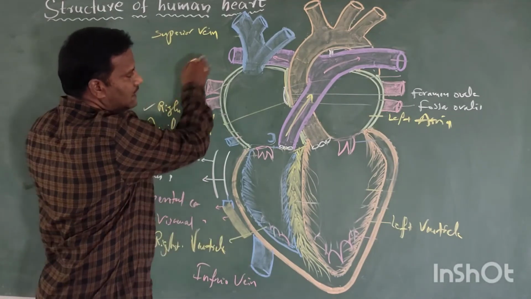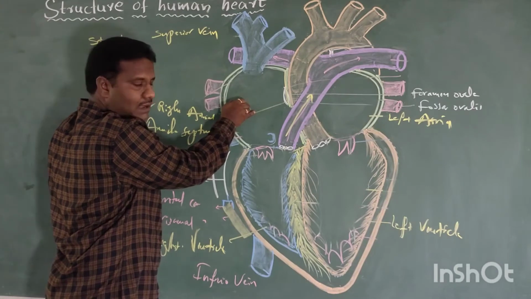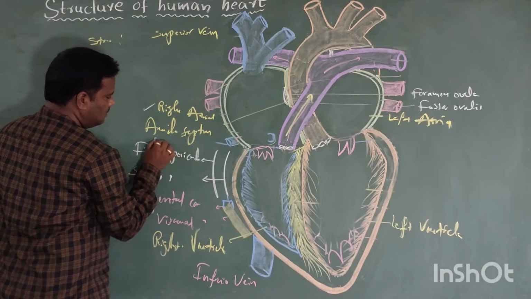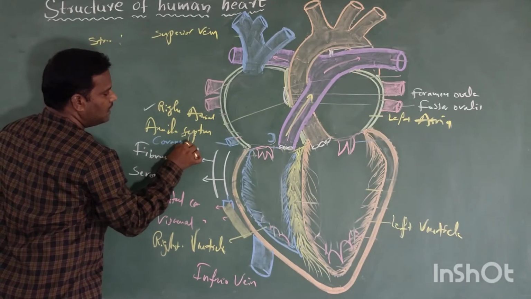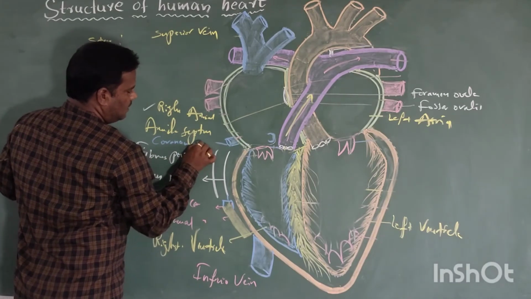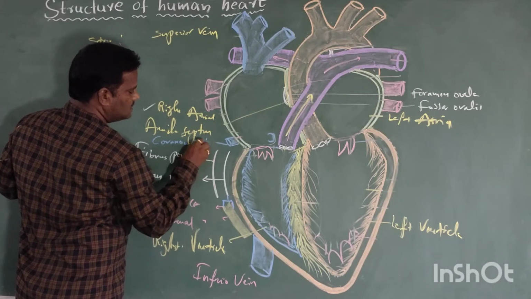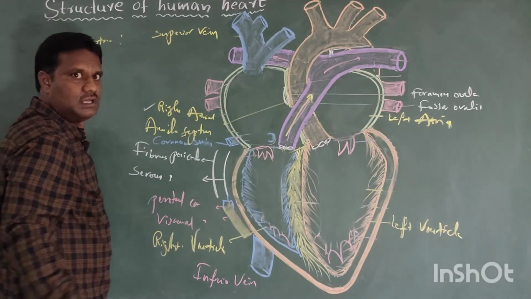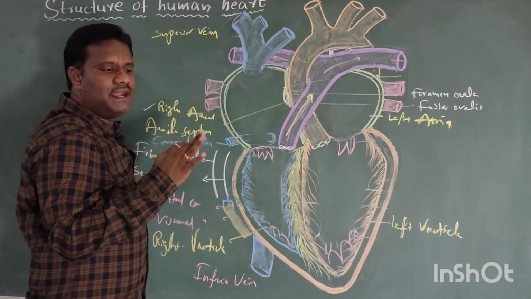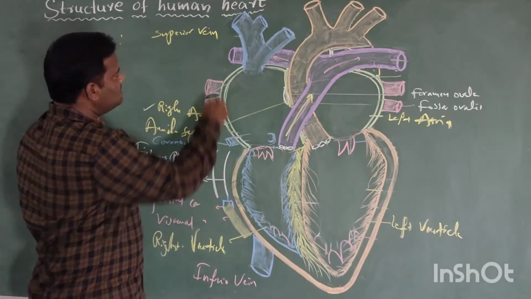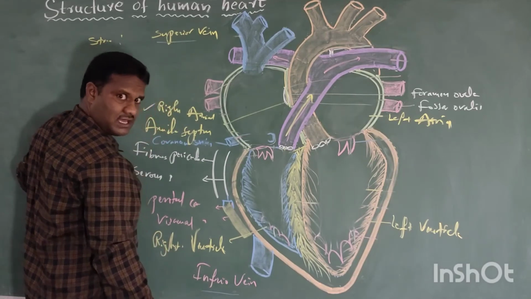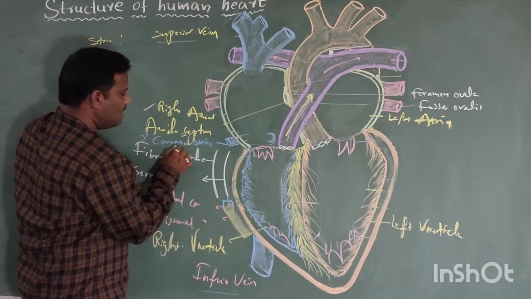These 2 veins enter the right atrium, and the coronary sinus also enters the right atrium. So mainly 3 veins enter the right atrium: the superior vena cava, the inferior vena cava, and the coronary sinus.